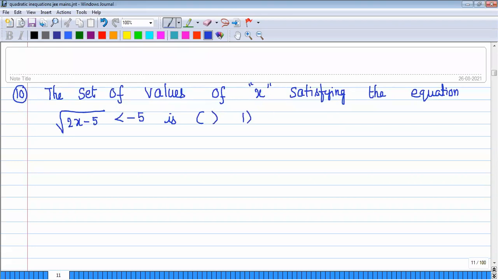First option is pi. Second option, 5 by 2 comma infinity. Third, 0 comma infinity. Fourth, negative infinity comma 5 by 2, open. Sorry, closed.